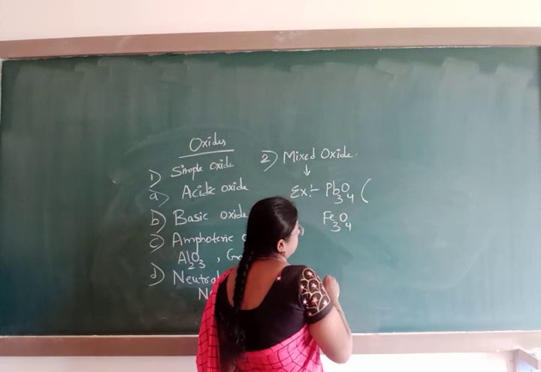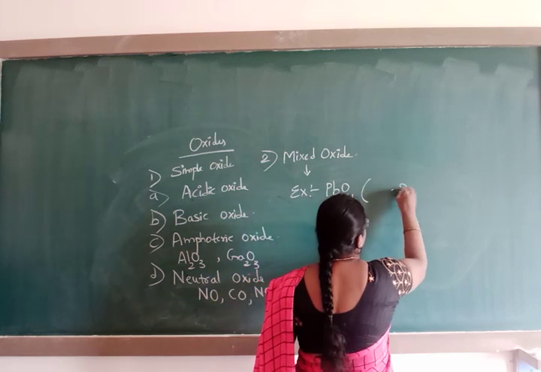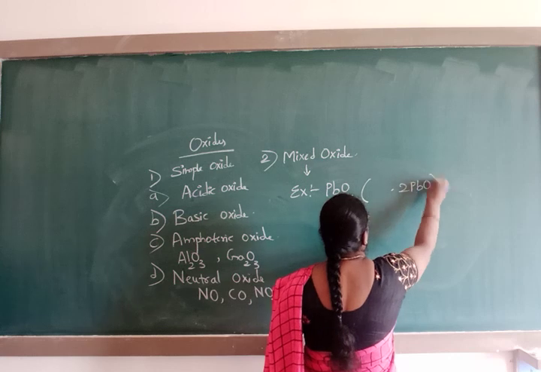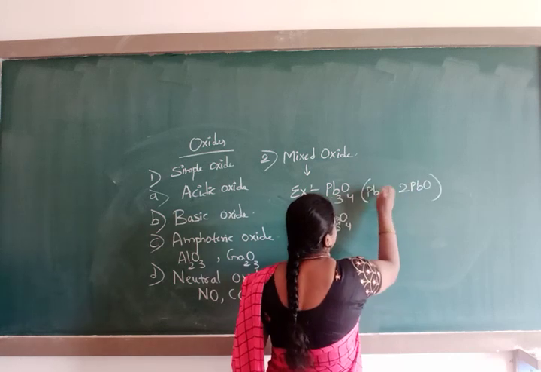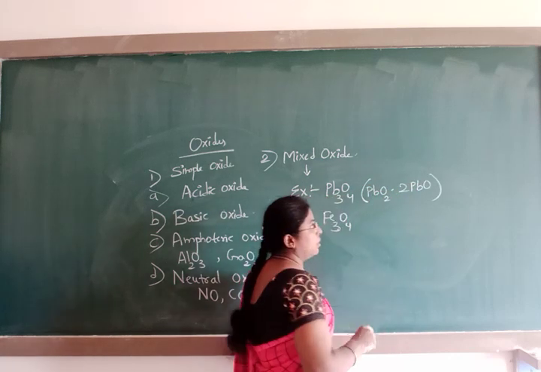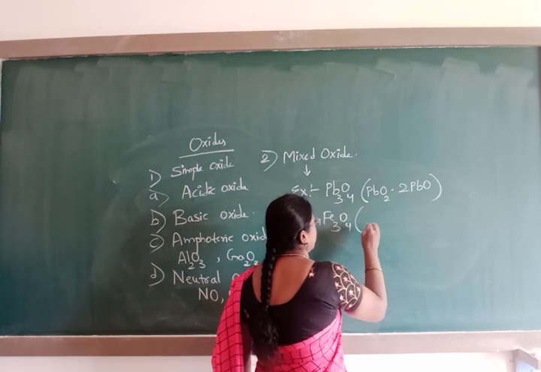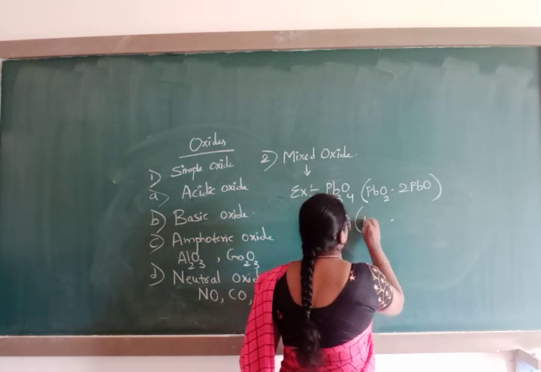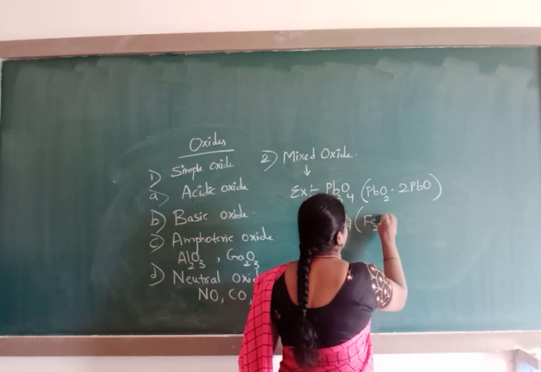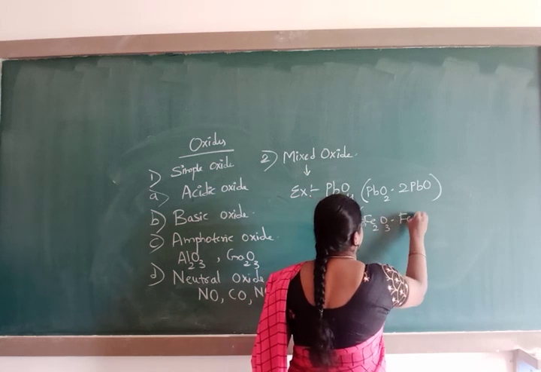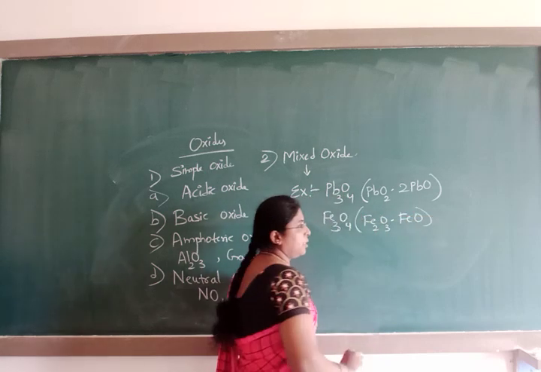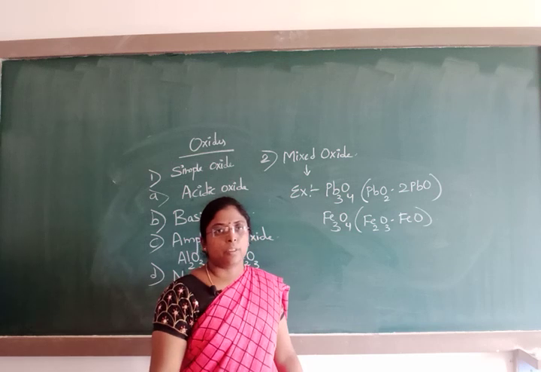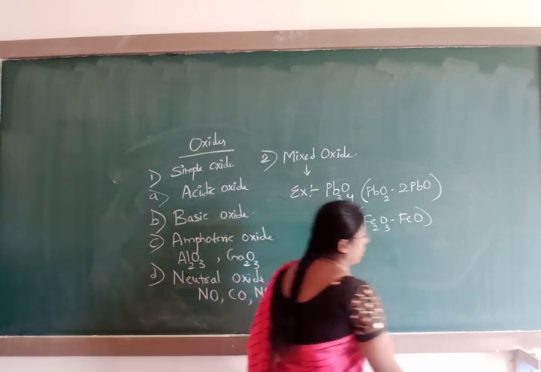We can obtain Pb3O4 from 2PbO as well as PbO2, two types of simple oxide. Similarly, Fe2O3 as well as FeO give rise to Fe3O4. This is all regarding the oxides.